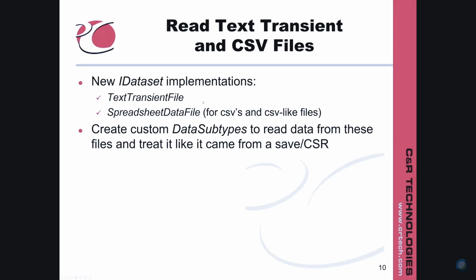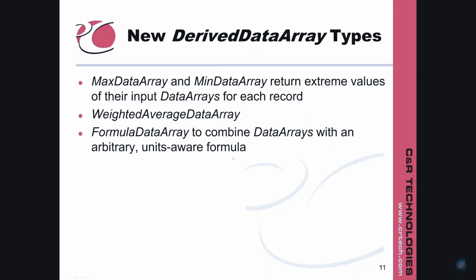And that's how you talk to save files and CSRs in earlier versions of OpenTD. Well, now you can talk to text transient files or just a general CSV file as if it was a data set. So it should make it easy to add test data into your post-processing and compare it with model data.